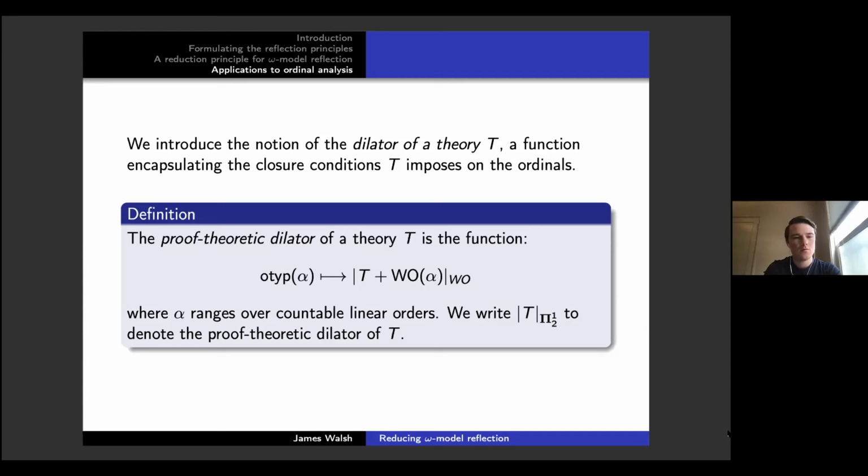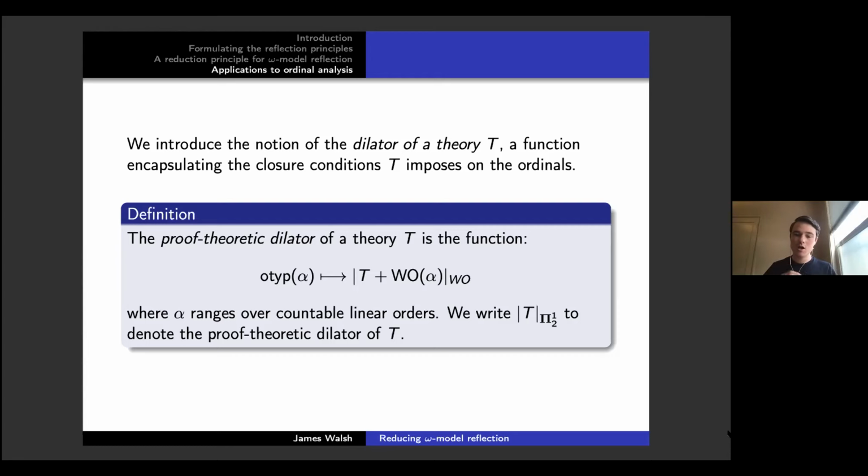So let me just say a word about this to give an intuition. Roughly, the proof-theoretic dilator is taking alpha, and it's telling us what is the proof-theoretic ordinal of T plus the statement that alpha is well-ordered. Now, suppose that T imposes this closure condition on the ordinals.